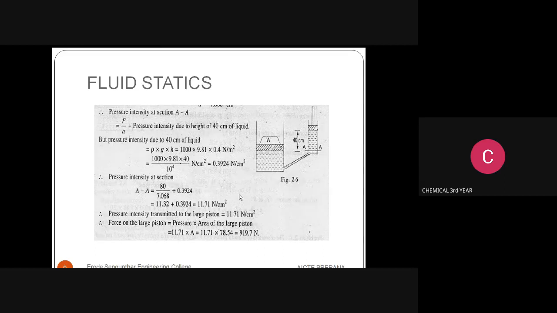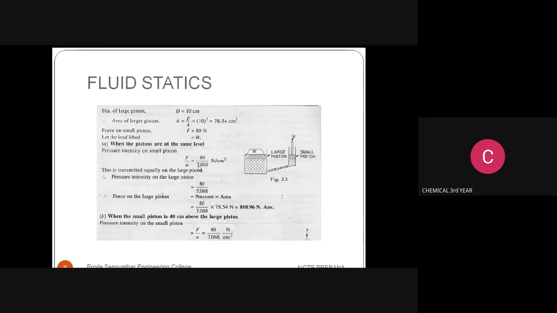P is equal to F by A, so F is automatically P into A. The pressure is 11.71, that is the pressure intensity transmitted to the large piston, into the area of the large piston, capital A. The area of the large piston we have already determined, 78.54.